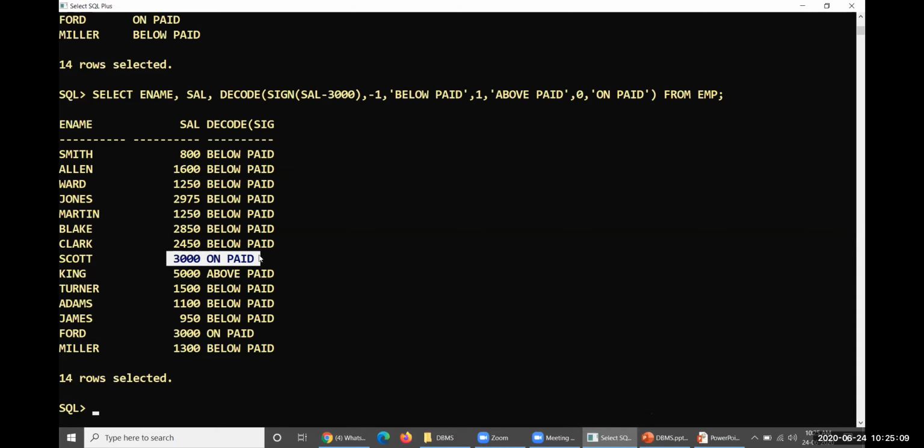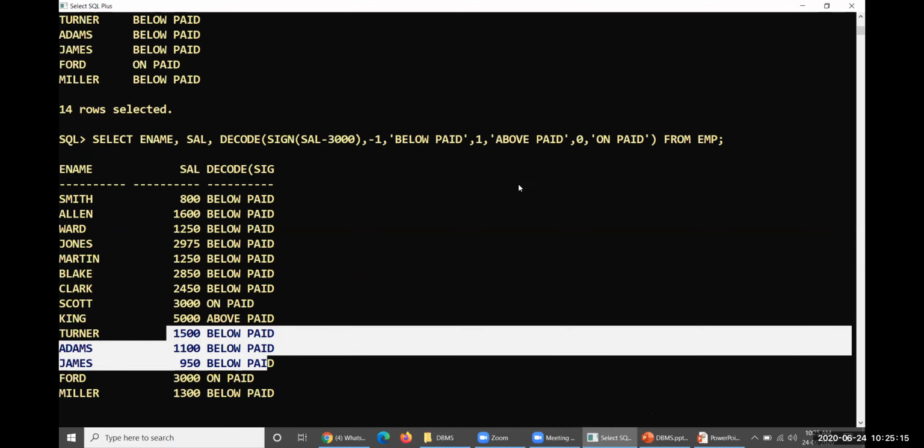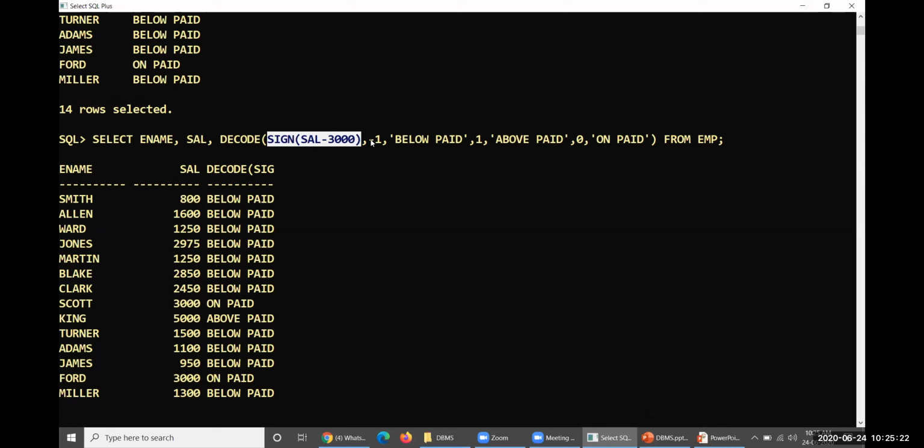Because of 3000, he is on paid, and 5000 is above paid, and the remaining everybody is below paid. Hope that you understand. So the base expression gives some value. Those values might be this one or this one or this one. If this is satisfied, the base expression gives this value, then what is the output? If this value, what is the output?